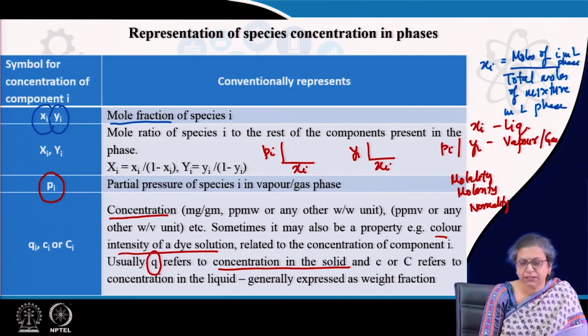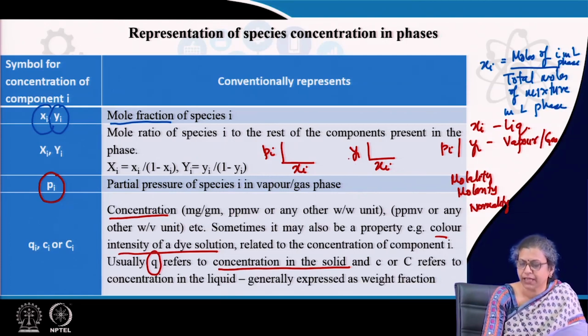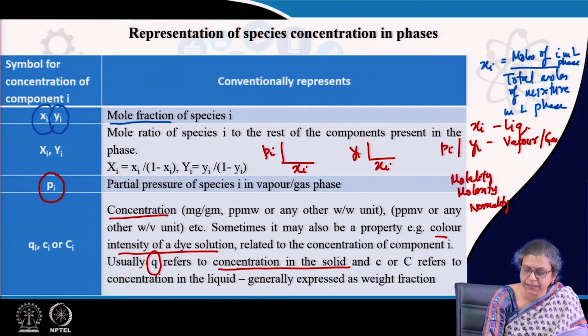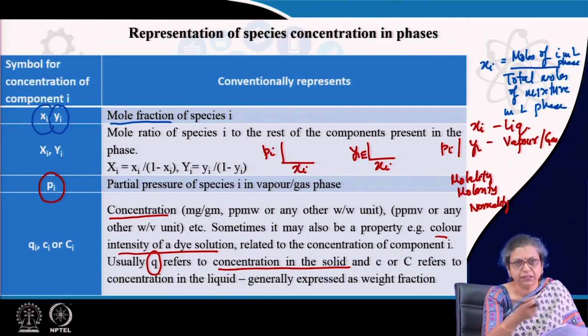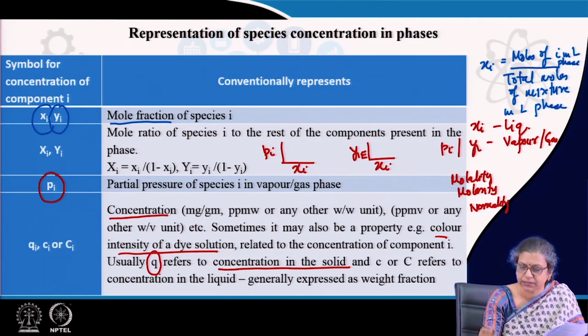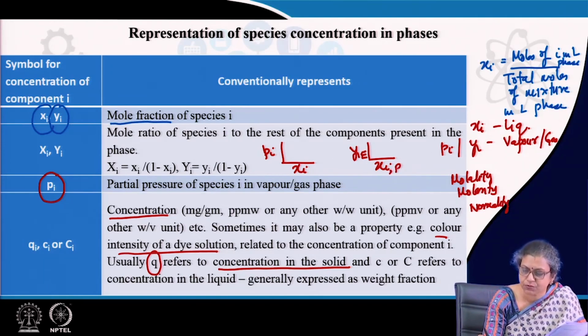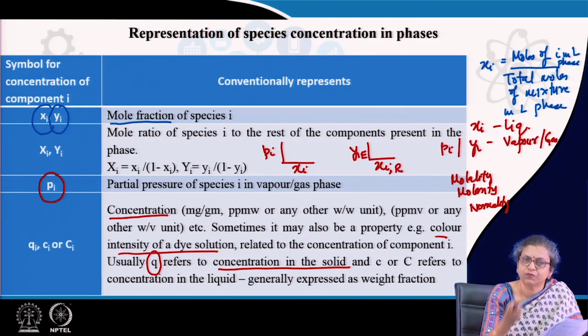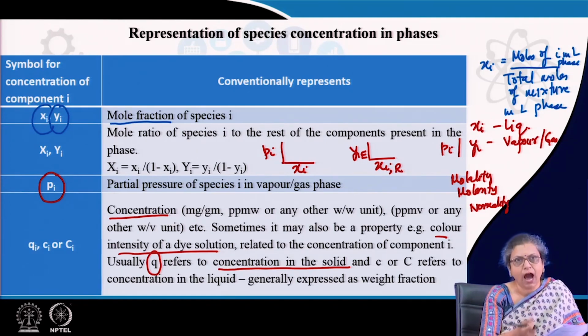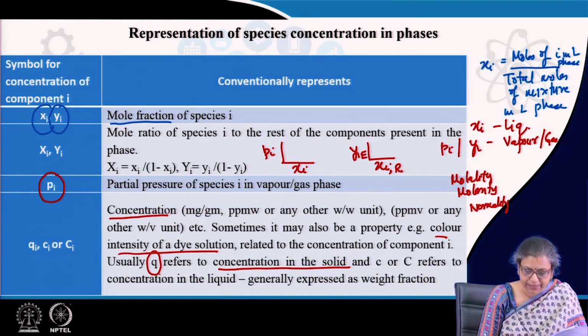For extraction, quite often we can use something like Yi versus Xi, where Yi refers to the composition of the component I in the extract phase, the phase where the component has been extracted, and Xi refers to the raffinate phase, the phase which is remaining from the feed after the component has been extracted.